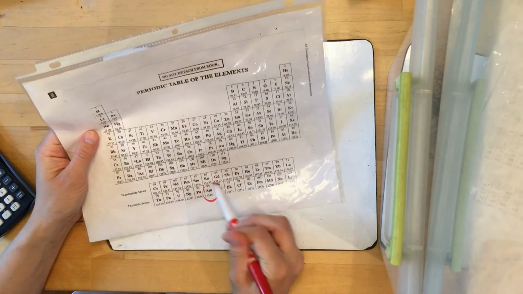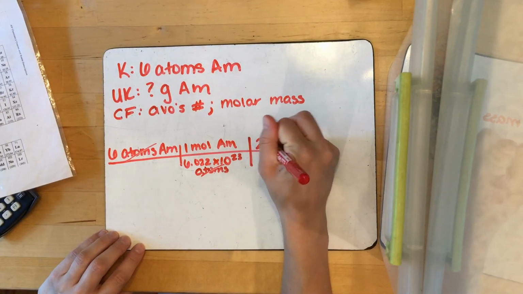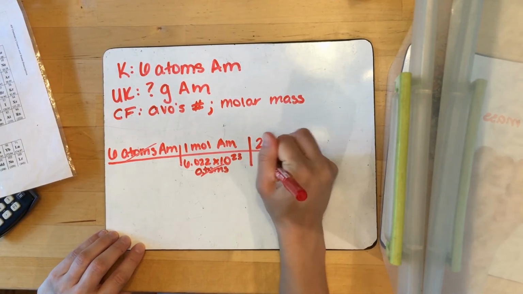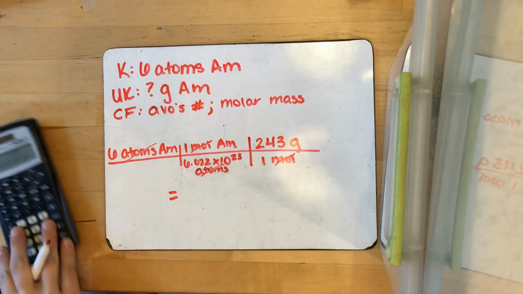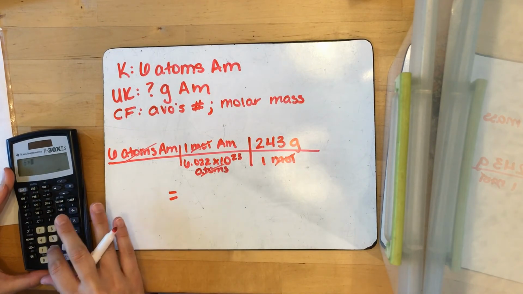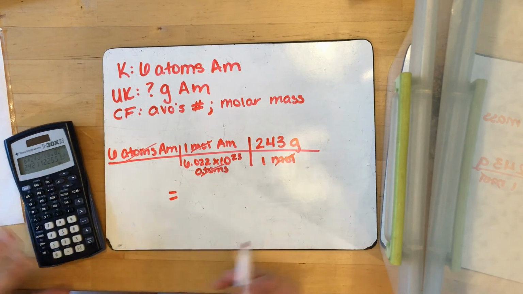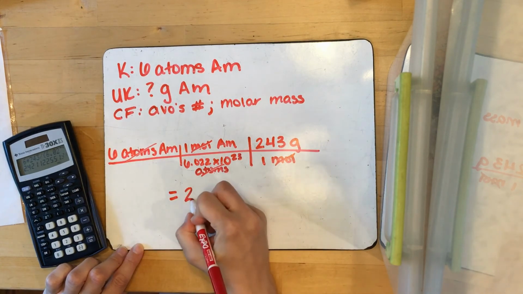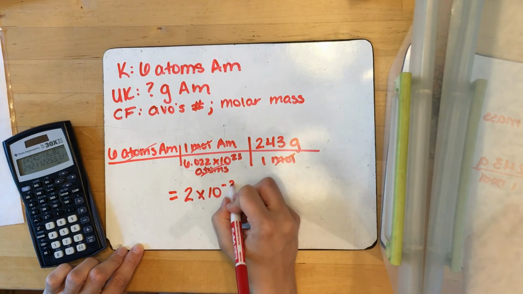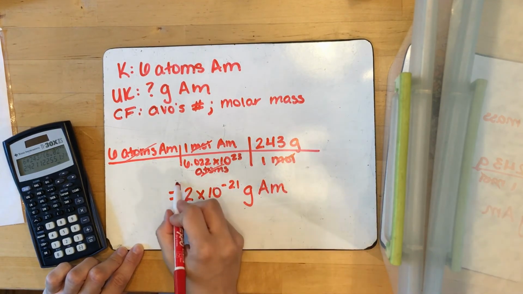We find americium, which is 243 grams per mole. That cancels out moles. We'll wind up with grams. So we do 6 times 243 divided by Avogadro's number. And we wind up with only 1 sig fig, 2 times 10 to the negative 21st grams as our final answer.